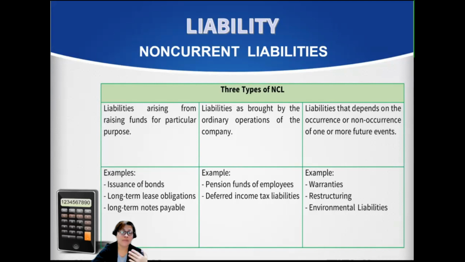Then, of course, we have bonds payable, a form of long-term debt usually issued by corporations, hospitals, and governments. The issuer of bonds makes a formal promise or agreement to pay interest usually every 6 months and to pay the principal or maturity amount at a specified date some years in the future. So it's more than a year.